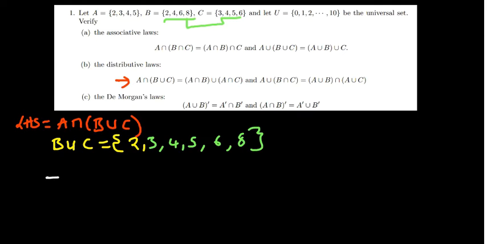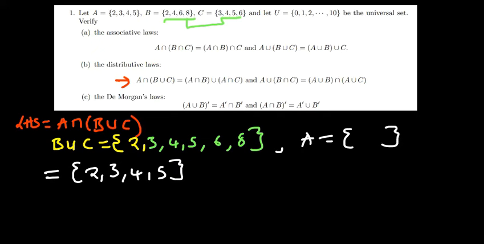Now continuing, we need to find A intersection that. My set A is 2, 3, 4, 5. As a good student, you can even list set A there, so that as you move to the next step, the marker is able to follow up.